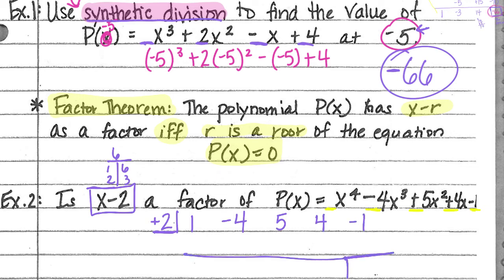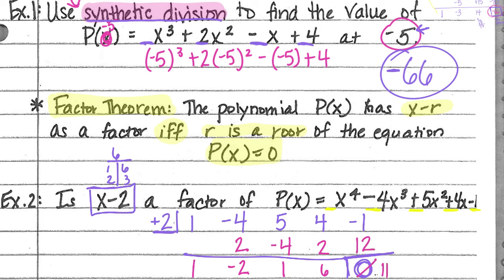And if this remainder is a 0, so the factor theorem, we want the remainder to be a 0, then we know it's a factor. Add down, multiply up, add down, multiply up, add down, multiply up, add down, multiply up, and add down.